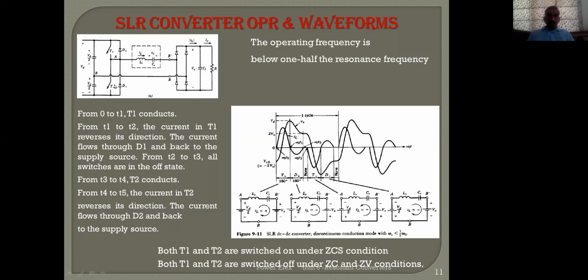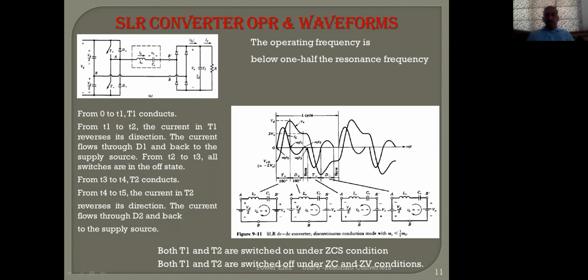Now after this, I gave a trigger pulse to T minus, and T minus is switched on. When T minus is switched on, naturally the flow of current will be point A, T minus, then LR and CR, in this direction only.